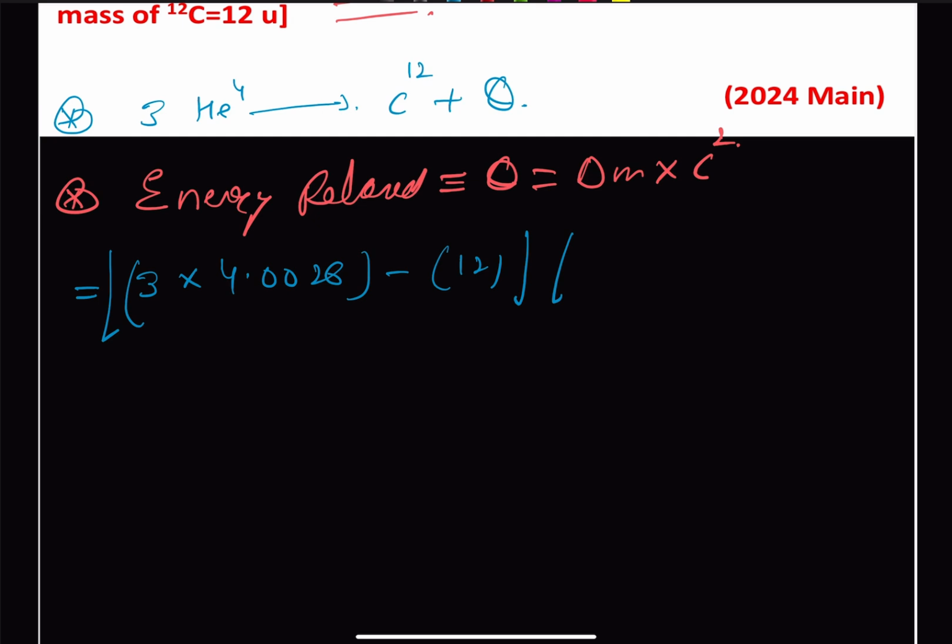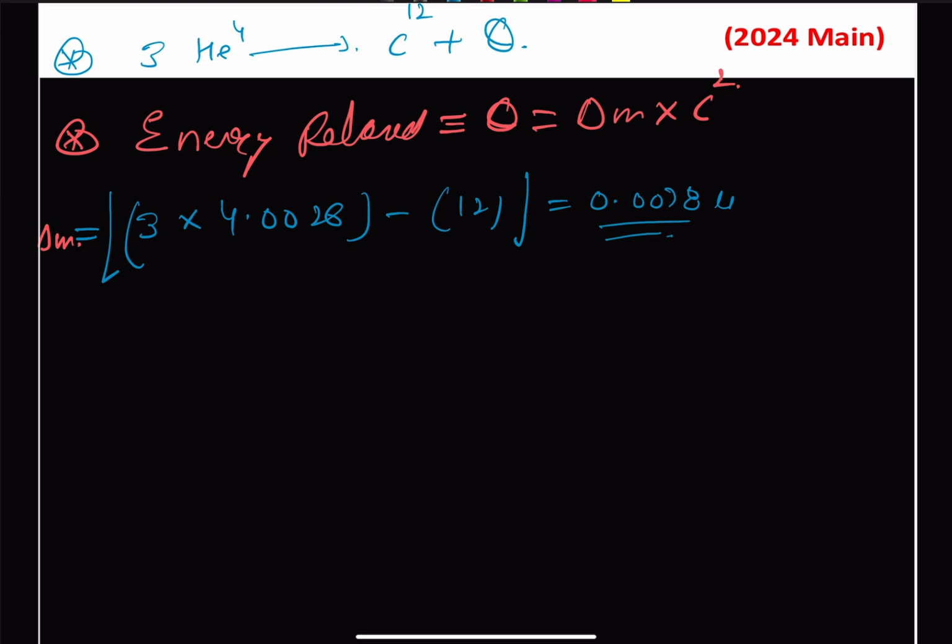First of all, let's find out delta M, then we can deal with the rest later. So delta M comes as 0.0078 u, and we are going to convert this into kg. So this is 0.0078 multiplied by 1.66 into 10 to the power minus 27, which gives us 1.29 into 10 to the power minus 29 kg.